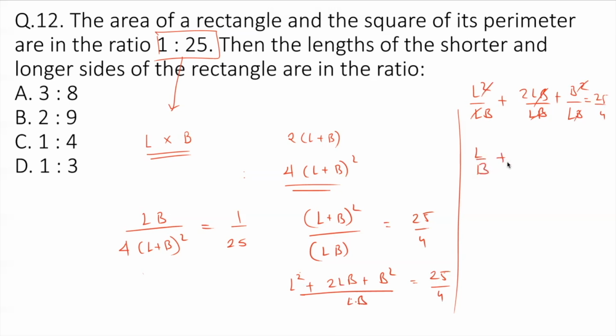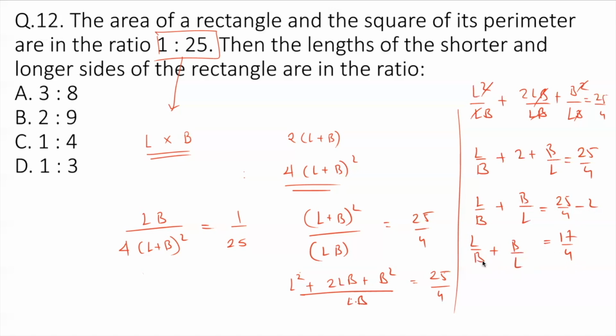We get L upon B plus 2 plus B upon L is 25 by 4. We get L by B plus B by L is 25 by 4 minus 2. 25 minus 8 is 17 by 4. So L by B plus B by L is 17 by 4.